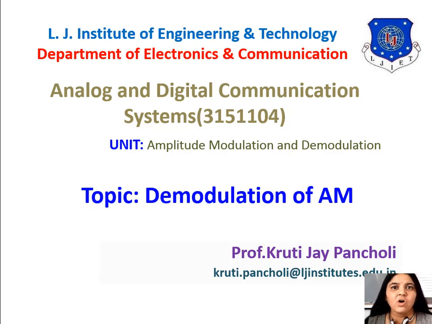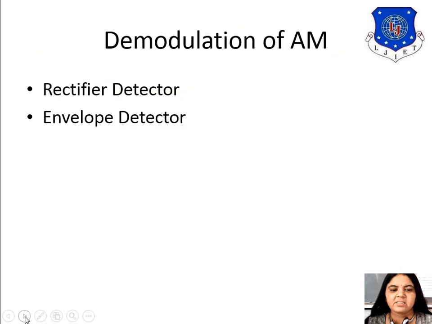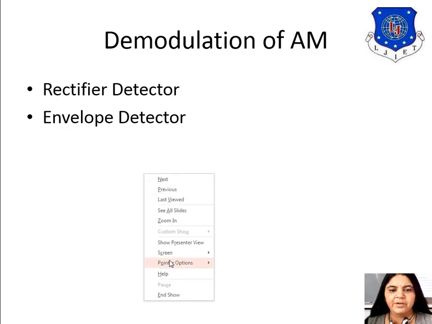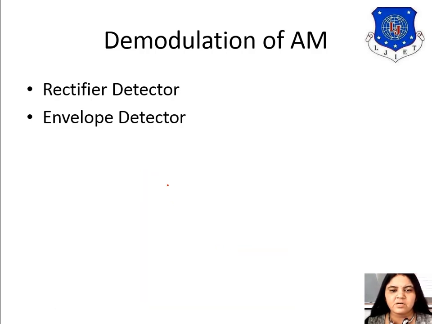The process of detection is also known as demodulation. We can also say that it's the reverse process of modulation. In this procedure, we have a block known as the demodulator, or you can say a detector.